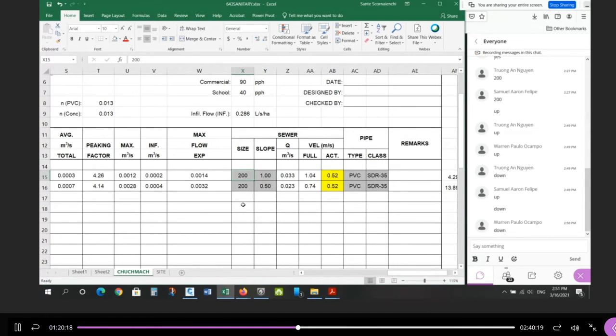Velocity is a little bit different. If the pipe gets bigger, watch what happens to the velocity. It actually goes up a little bit. What happens if the slope changes?